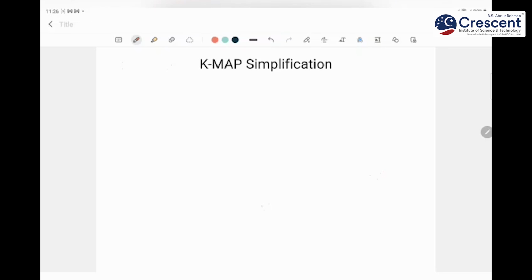K-map simplification. K-map simplification is a technique used to reduce any Boolean expression. We have namely three techniques for reducing a Boolean expression. The first one is using Boolean postulates or theorems.